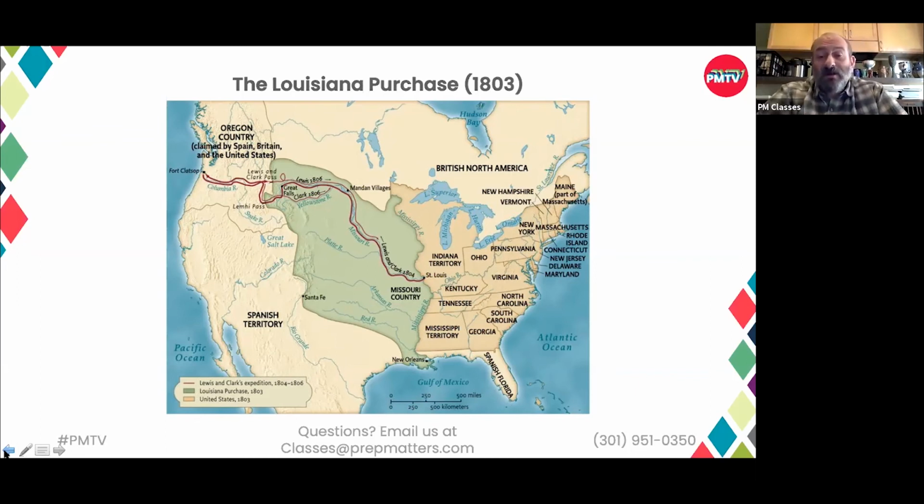Madison, as president after Jefferson, had let the First National Bank expire. The First National Bank, you may remember, was something that Alexander Hamilton fought hard for to help establish the financial credit of the new country and to help build the foundation for the industrial economy he saw coming.